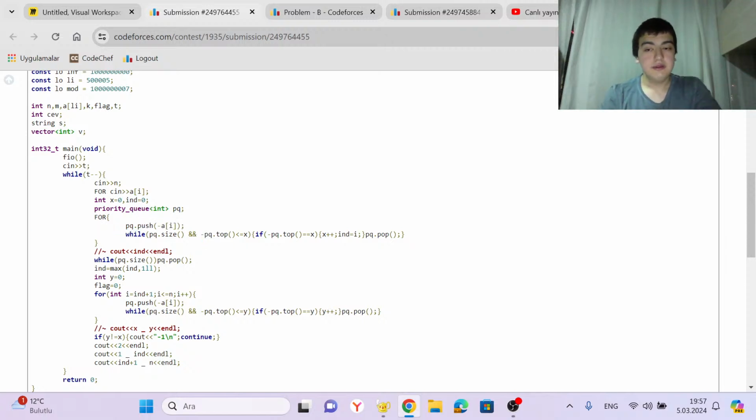Okay. After that, I said while the priority queue is not empty and the priority queue's smallest element is less than or equal to x. X represents the max in our array, because x starts from 0, and when we find x, I am increasing the x.